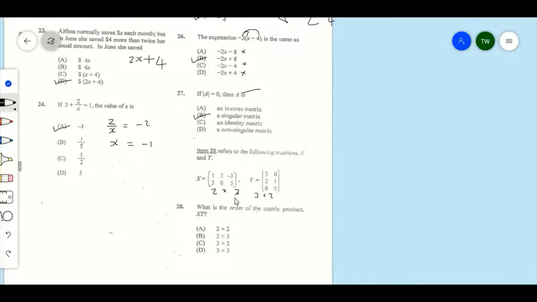So clearly you can see that the number of columns of X is equal to the number of rows of Y. So therefore, these two matrices can be multiplied. And the order is going to be 2 by 2. Alright? So the answer here is going to be A.